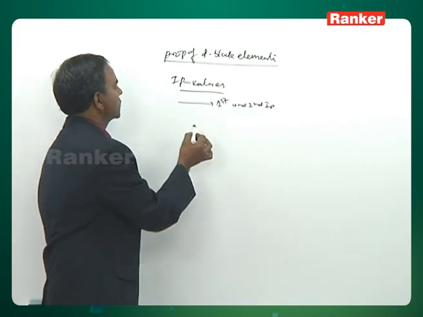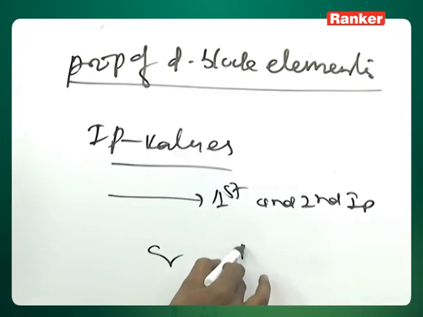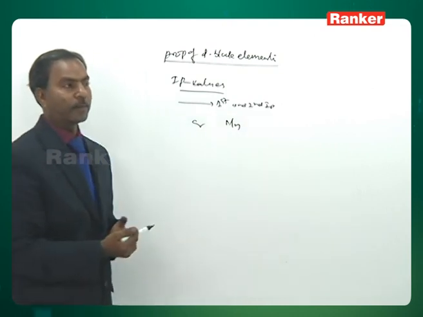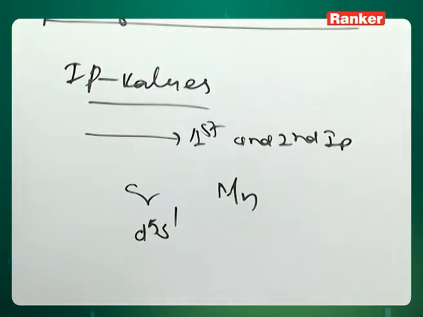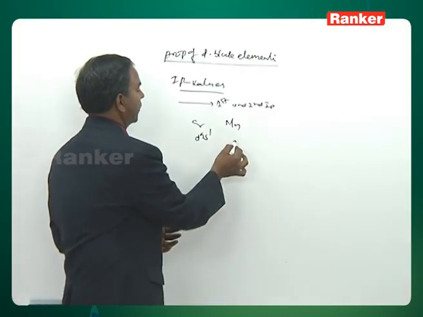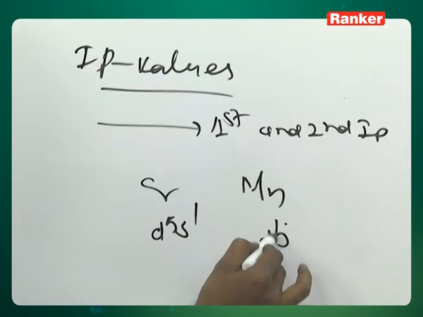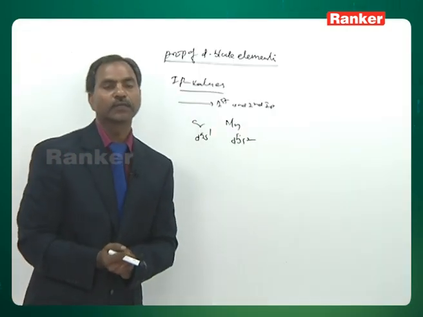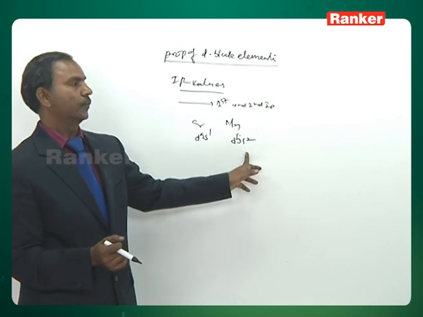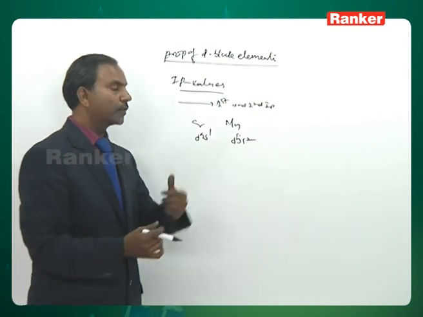But consider chromium and manganese. What is the electronic configuration of chromium? You know well, D5S1, and manganese is D5S2. Now let us see from which you can easily remove the electron.